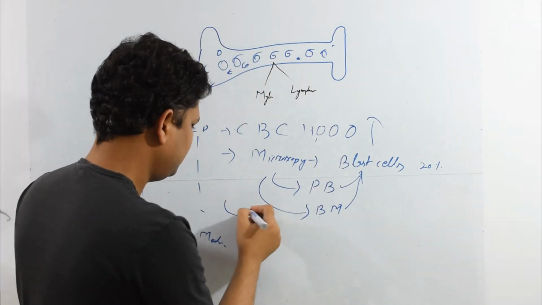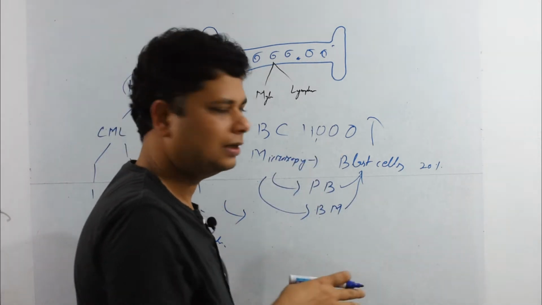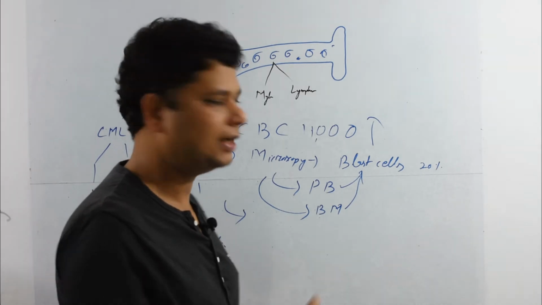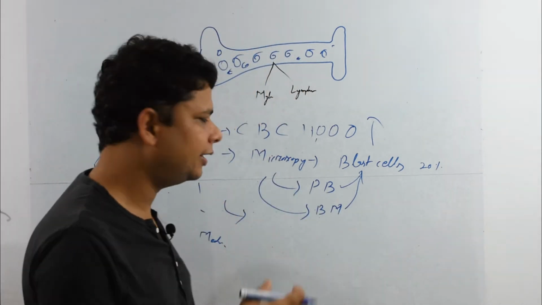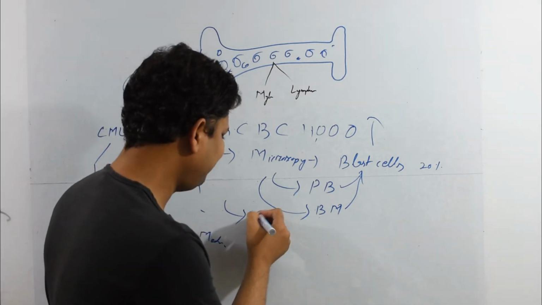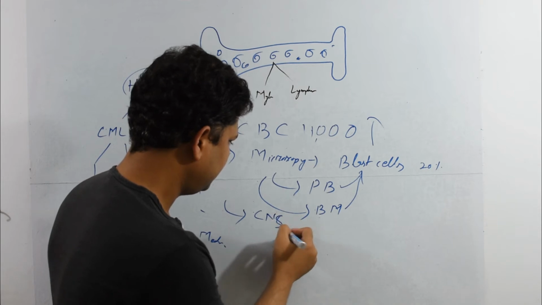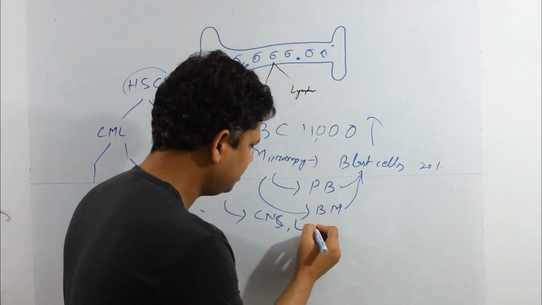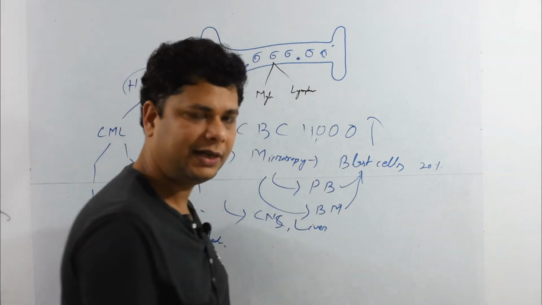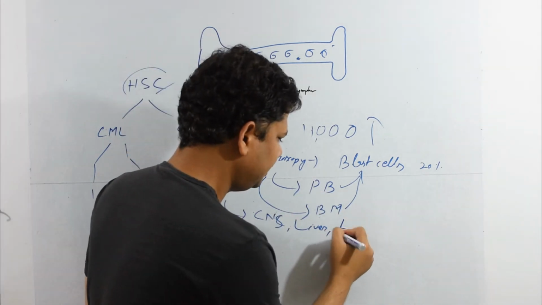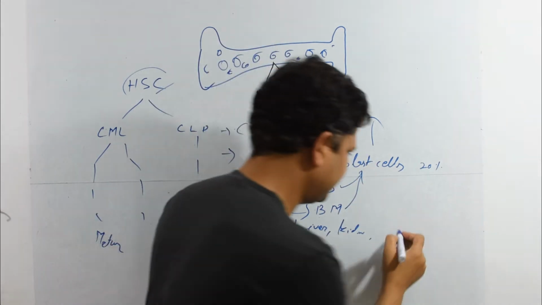And next comes the staging. Staging comes when we get to know where these leukemic cells are present. These leukemic cells may move to our spinal cord and central nervous system, or to the liver, in which case the doctor usually prescribes a liver function test, or to the kidney, or to some lymphoid organs.